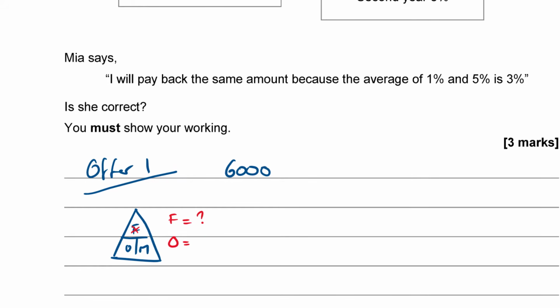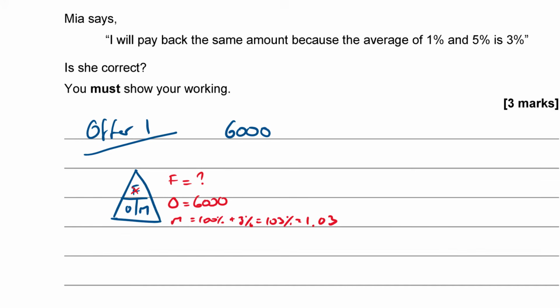The original is what I started with, 6,000. And the multiplier is 3% per year. So if I've got 100%, I want to do a percentage increase of 3%. Then that's 100% plus 3%, which is 103%, which is 1.03 as a multiplier. So then my final amount, covering up the thing I want to find, it tells me what to do with the other two things.